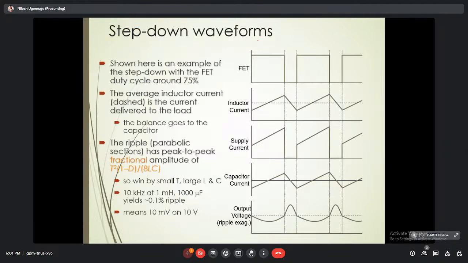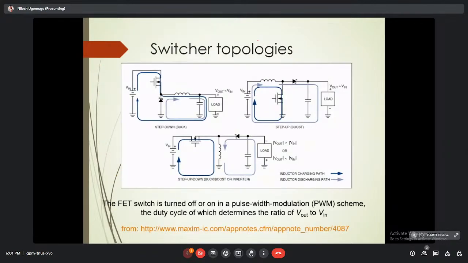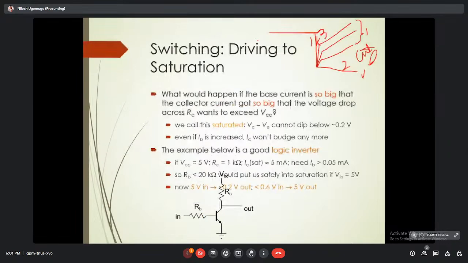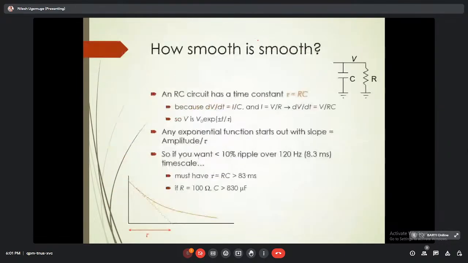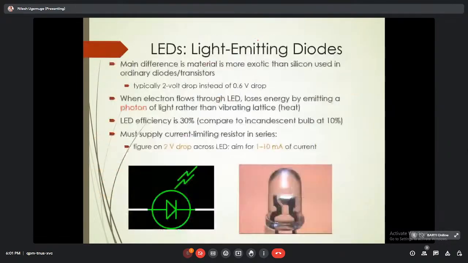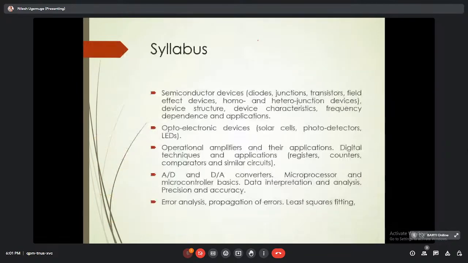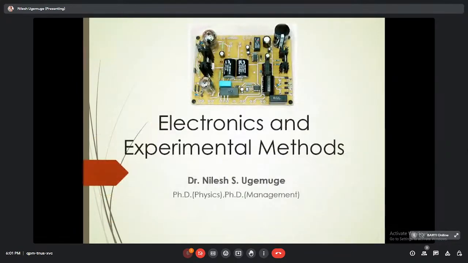I just want to recall what we have done in today's session. Friends, we began this session from the basics of electronics, and when we discussed the basics, I distinguished electronics from electrical.